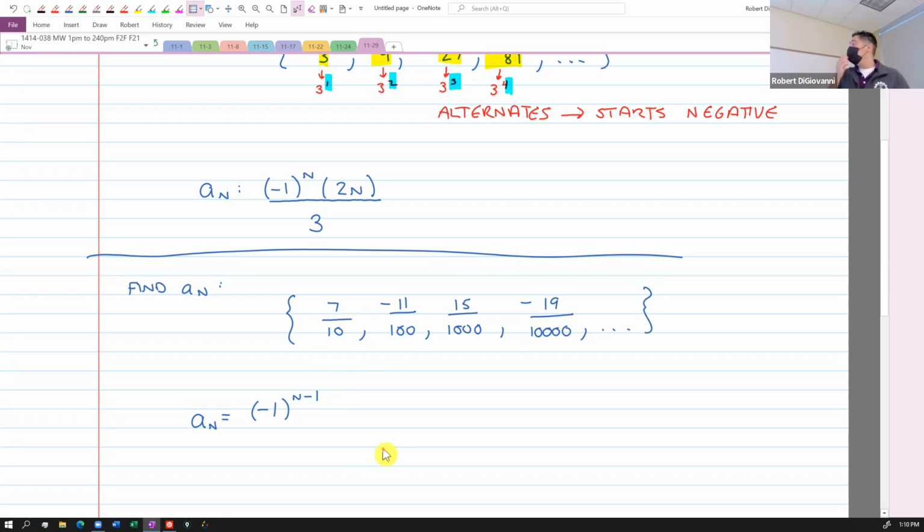Okay, now look at the numerators. Forget the signs, just look at the numerators, 7, 11, 15, 19. Those are all jumping by 4, aren't they? So since these all jump by 4, we're adding 4. That means I'm going to need a 4n. But if I plug in 1 right now, I'm going to get 4, and I need to start at 7.